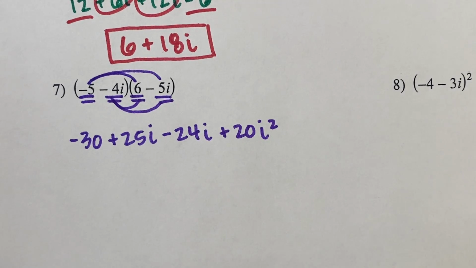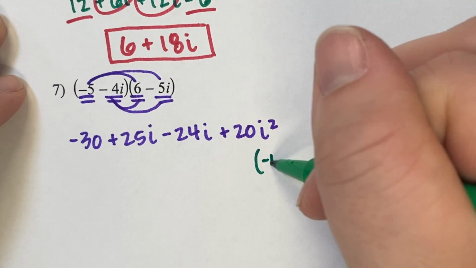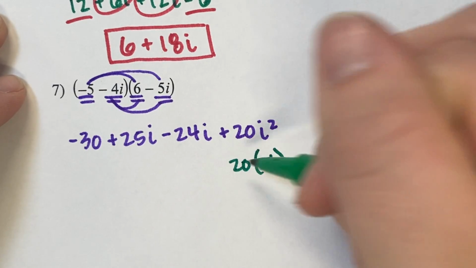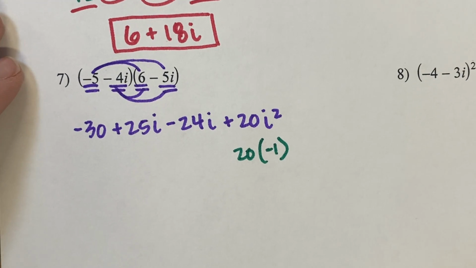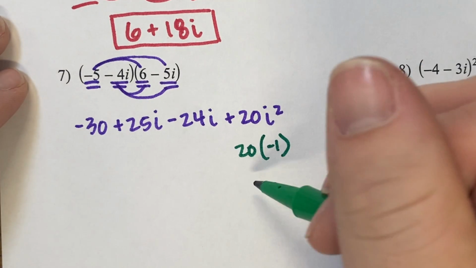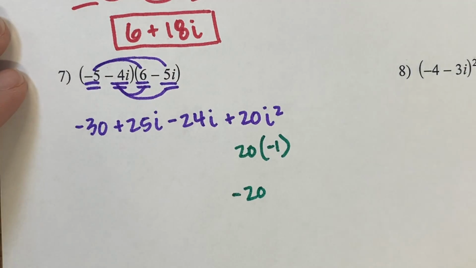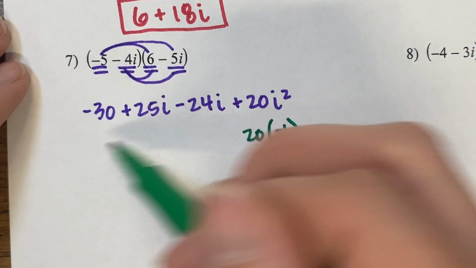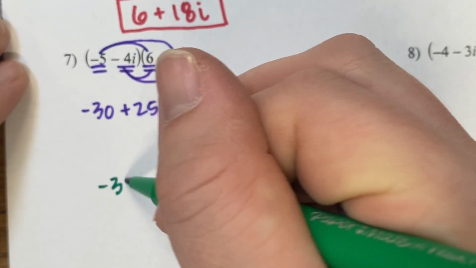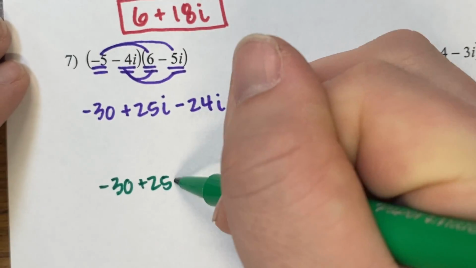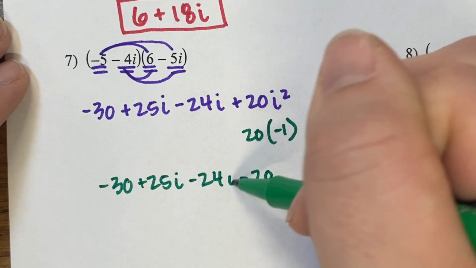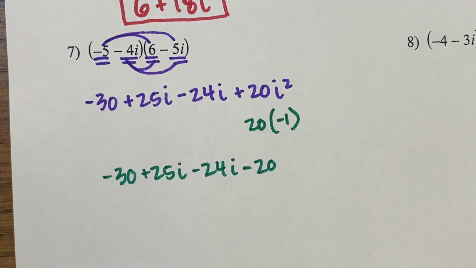Okay, well now our rule, i squared turns into negative 1. So this turns into 20 times negative 1, okay, which turns into negative 20 at the end. Okay, then I'm just going to copy down the rest. Negative 30 plus 25i minus 24i and minus 20.